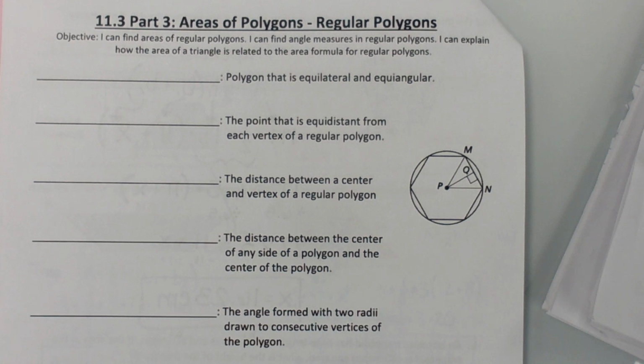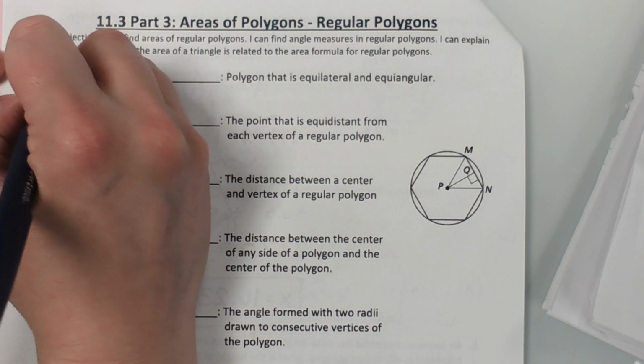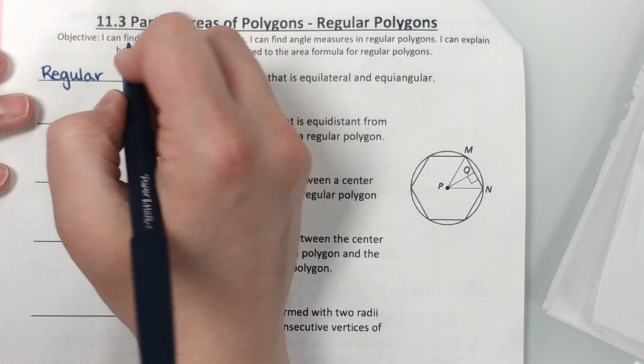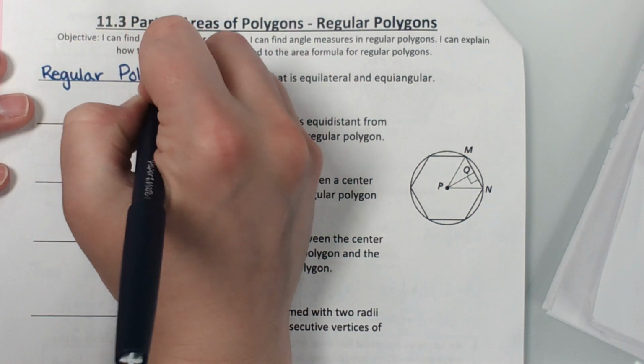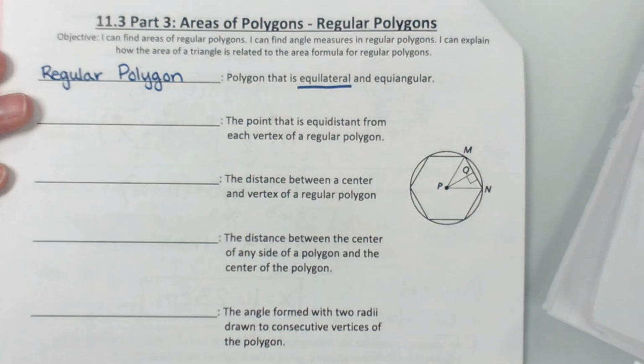So, today we're focusing on regular polygons. Now, we've mentioned the term regular polygon before, but it's been a minute. A regular polygon is a polygon that is both equilateral and equiangular. What does it mean for it to be equilateral?